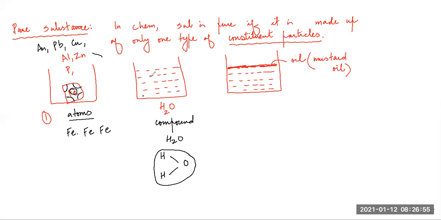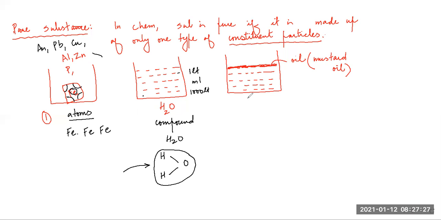Now, the entire water, whether we take 1 liter, 1 ml, or even 1000 liters, is made up of the same basic unit, the same constituent particles, H2O, and hence I will regard water also as a pure substance.